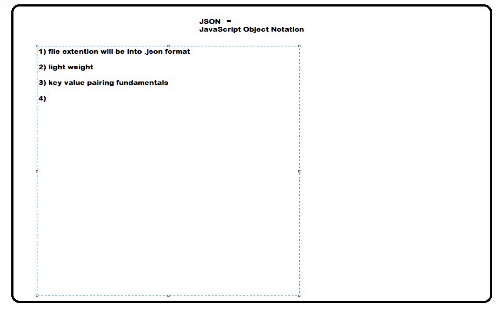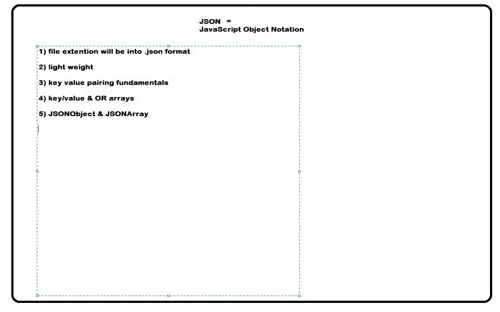And what's next? It may contain key values, but that is not mandatory. It may contain both key values as well as arrays. Let's explain that. Key value will be considered as a JSON object, and arrays will be considered as a JSON array.